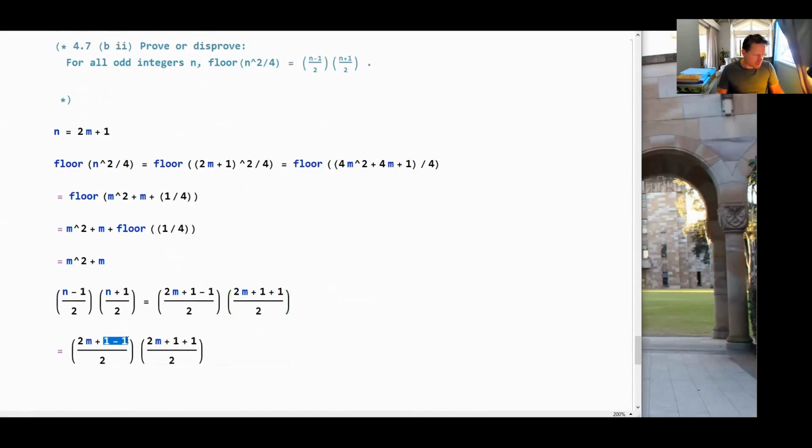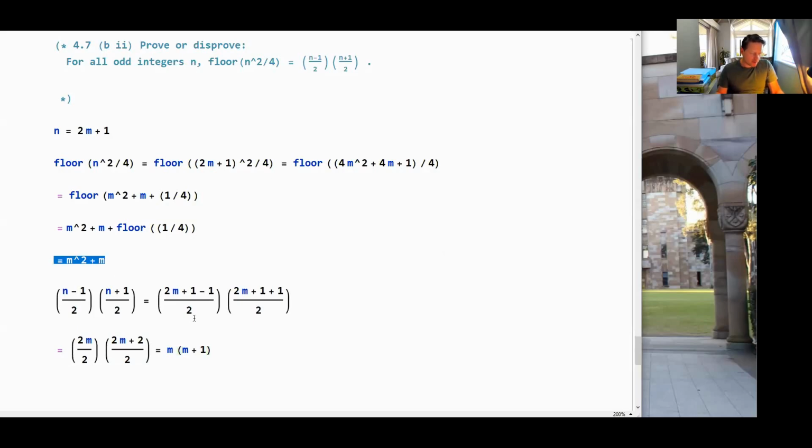So 1 minus 1 is 0, and 1 plus 1 is 2. Then this is just m, 2 divided by 2 is 1, and this one is m plus 1. Then you expand that and you get m squared plus m, and you see that those two are the same.